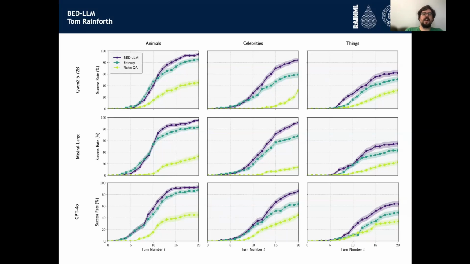We also see here that entropy does distinctly worse than BED-LLM. It's perhaps surprising sometimes how big this gap can be. Remember, with entropy, we're assuming a deterministic likelihood. And you might assume that in 20 questions, you almost always know the answer to the question if you know the person. But in reality, there are a lot of questions where the answer would be ambiguous.